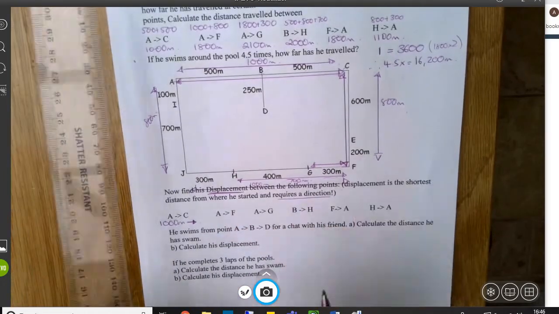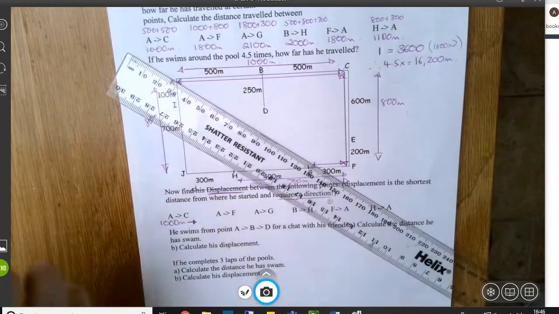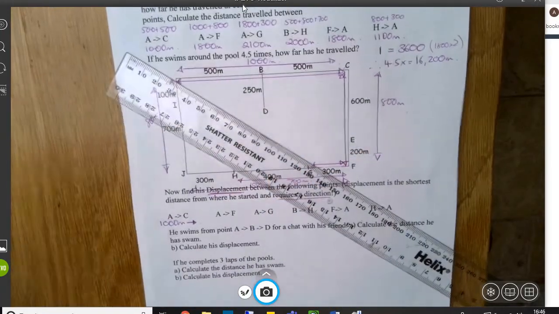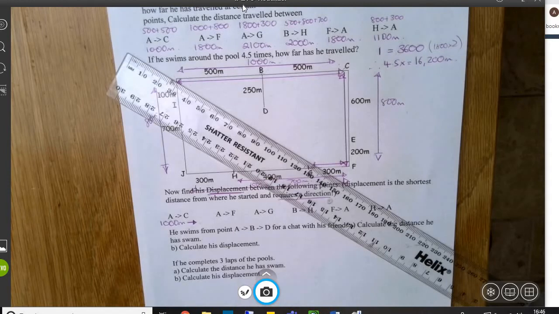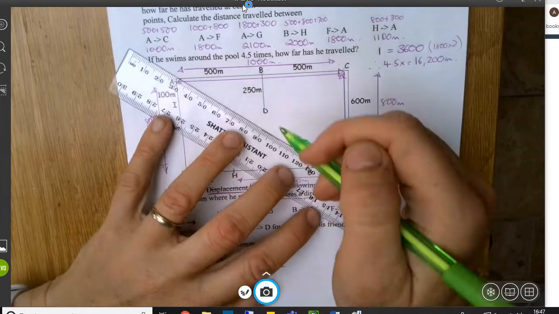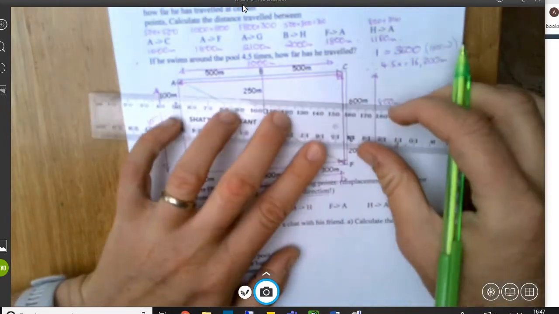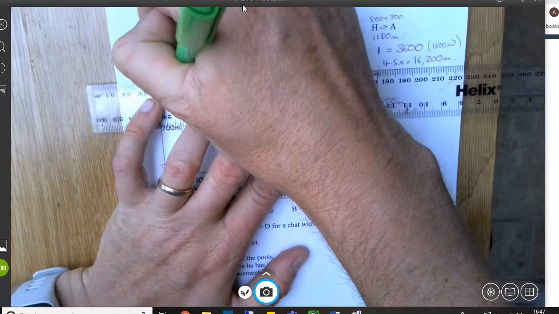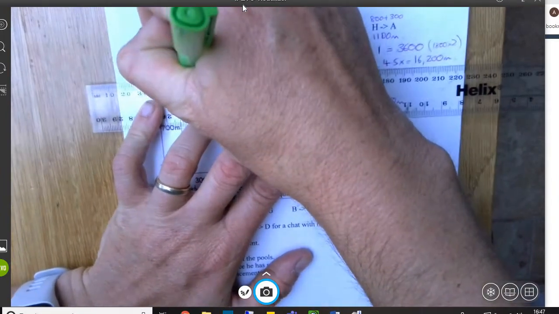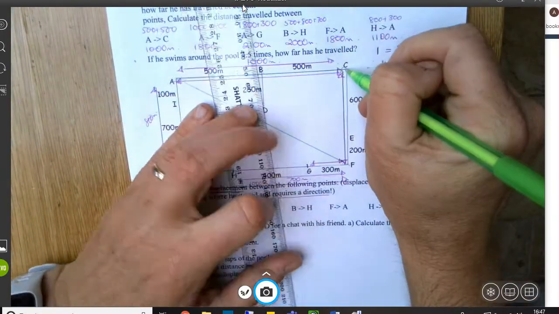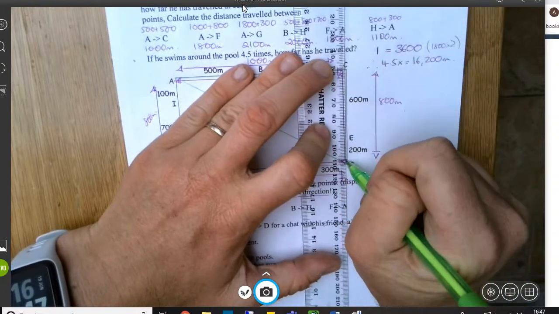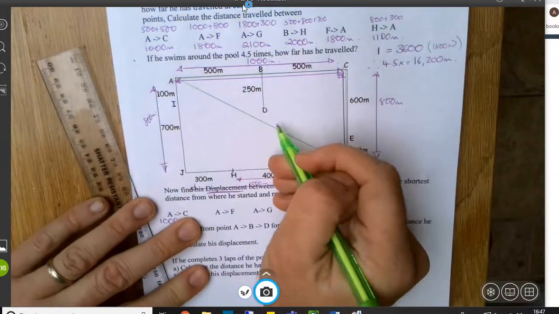So let's take the first one, and this is where we're going to draw on our picture. I'm going to use a different colour just to make it a bit clearer. This time I'm going from A to F. Now my triangle is still along here and down here. And remember what I said about Pythagoras theorem.